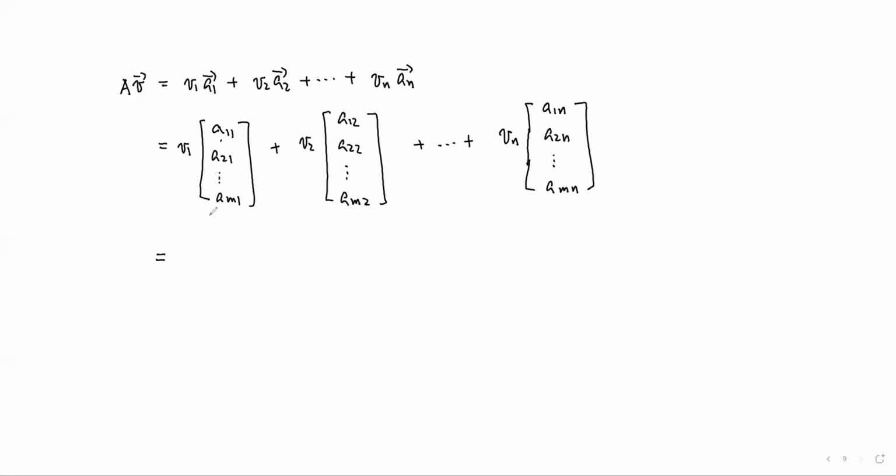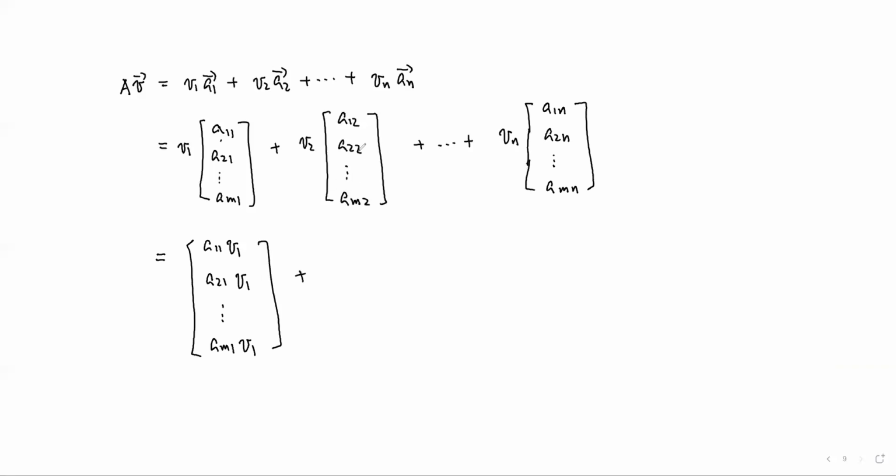Now let me compare. V1 times this vector is A11 times V1, A21 times V1, and so on, AM1 times V1.